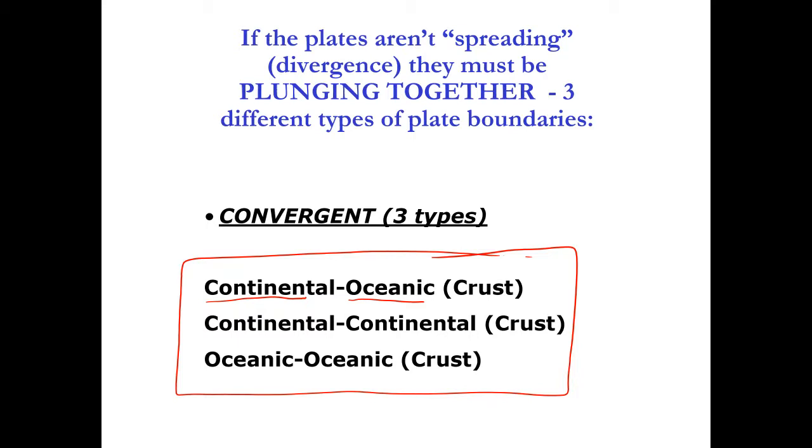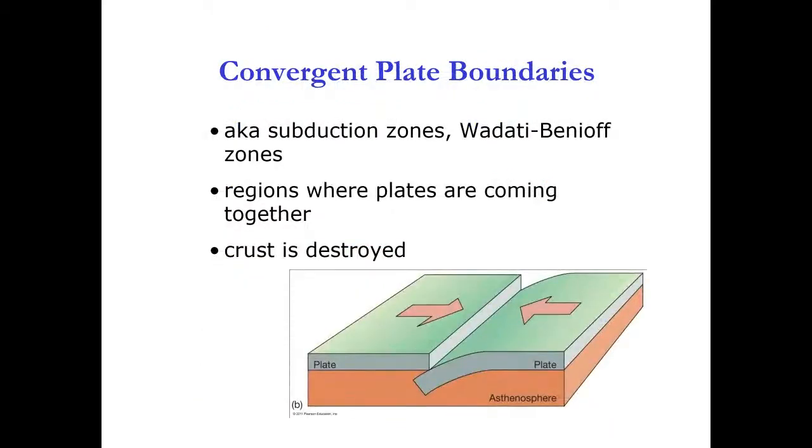They don't rise and fall in the asthenosphere the same way. So we have to go through each of these individually, but the good news is convergence is the same. In other words, it just means that something is moving and colliding into something else. We're just going to have different geologic results depending on what the crust types are of who's doing the collision. So we'll start first with the easy part.